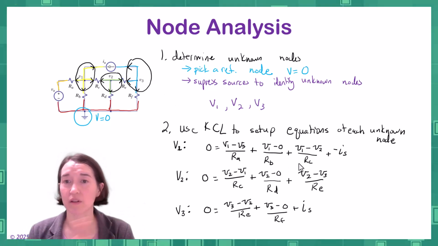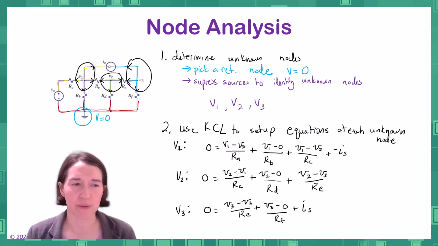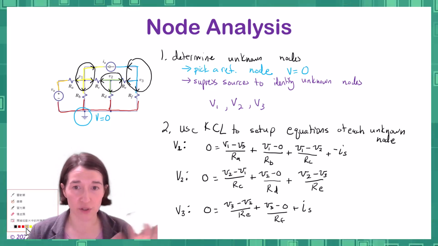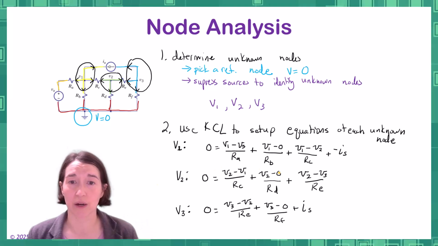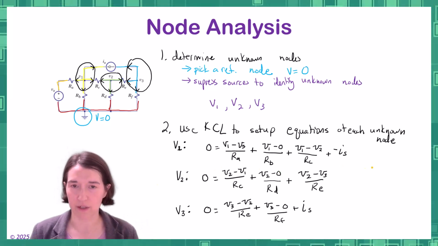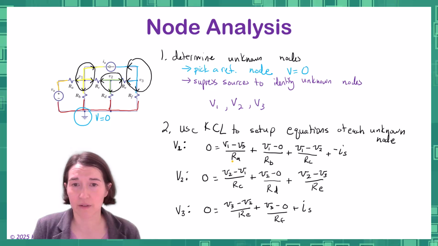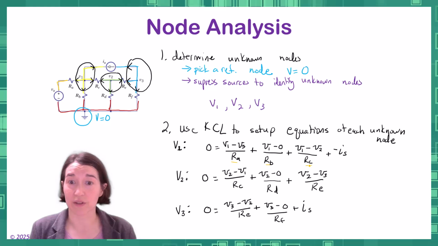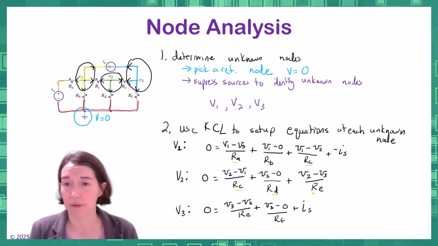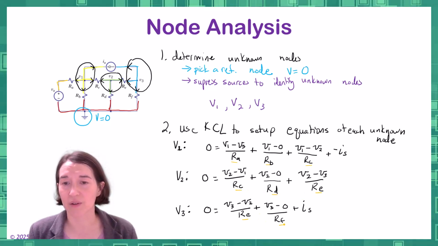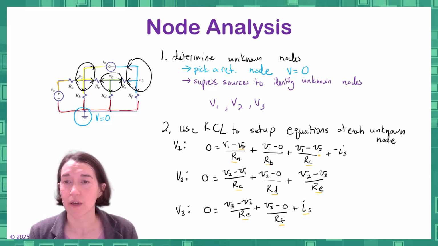But once you've written these all out, these are independent. And you may say, oh, these are too many different things. What am I solving for? Well, let's circle what your known values are first. So I'm going to underline the known values. This is a known value, known value, known value, right? Those are just given. All the resistors are known, so you just plug those in. Is is given to you. Vs is given to you. And Is as well.